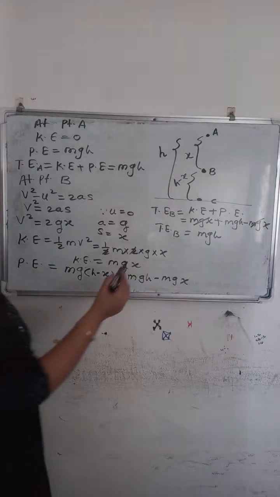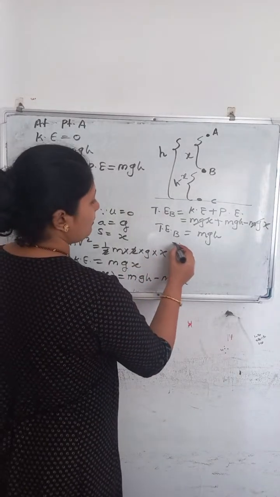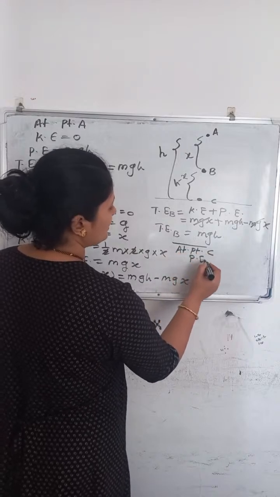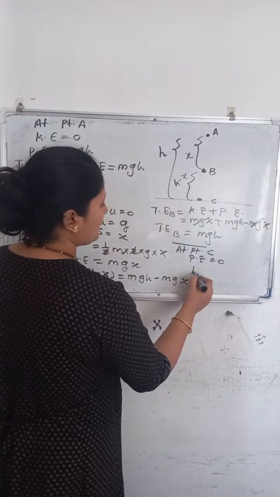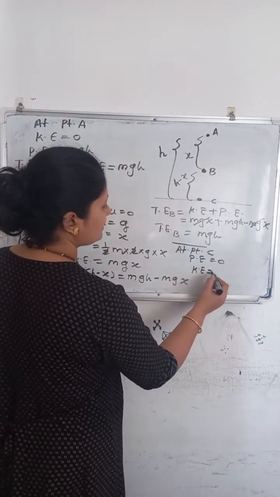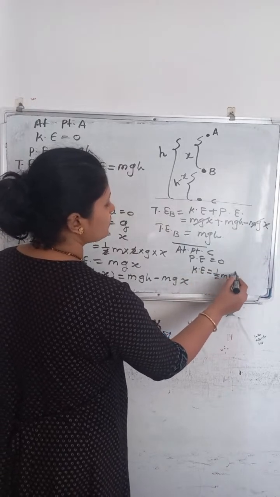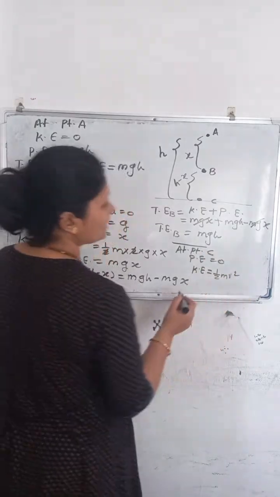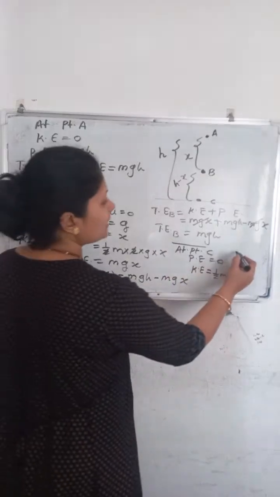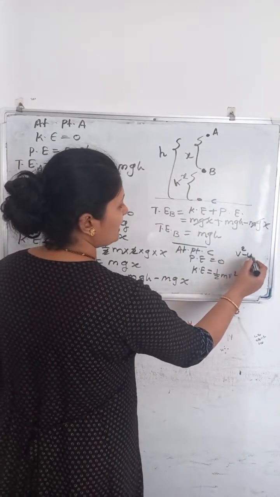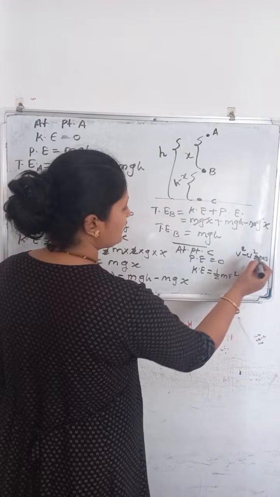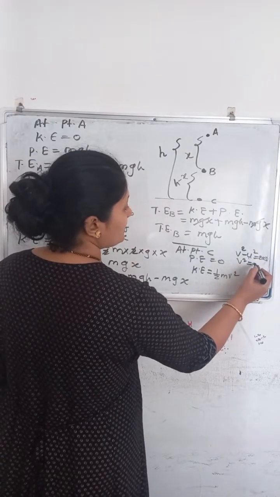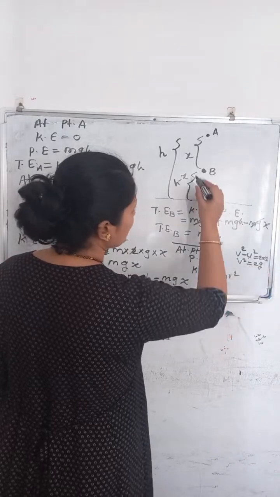Straight away we can write that at point C the potential energy becomes 0 and the kinetic energy is half mv square. But again the body is traveling with a certain velocity, and we can write v square minus u square is equal to 2as. Again u is equal to 0.